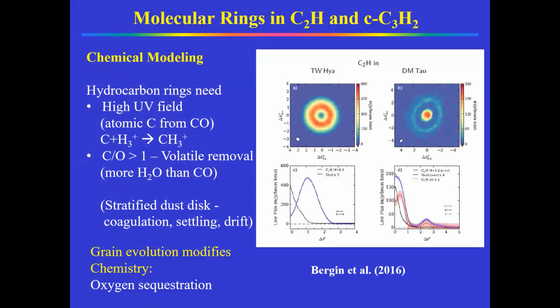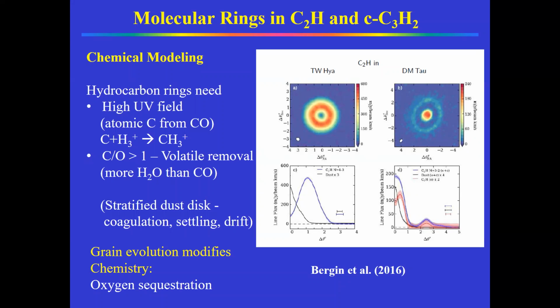So one of the interesting discoveries, and something quite unexpected, was a finding that disks are actually surrounded by hydrocarbon rings. And these hydrocarbon rings need somehow two conditions.